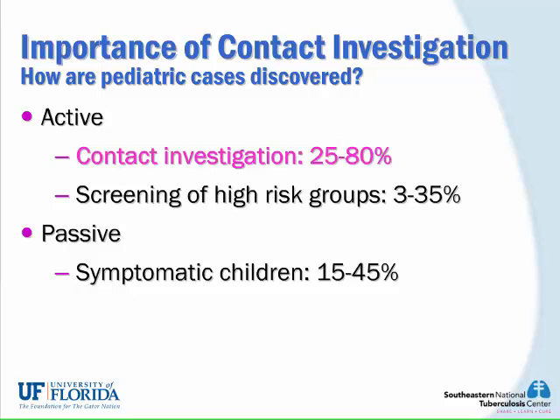Depending on the literature that you review, there are several publications on this. Up to 25 to 80% of the children with TB are identified in contact investigations. So this highlights the importance, especially for pediatrics.